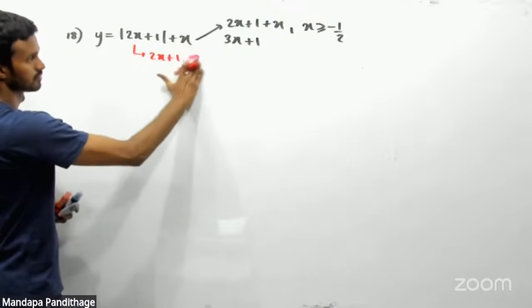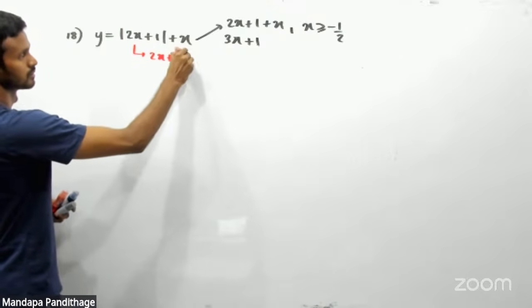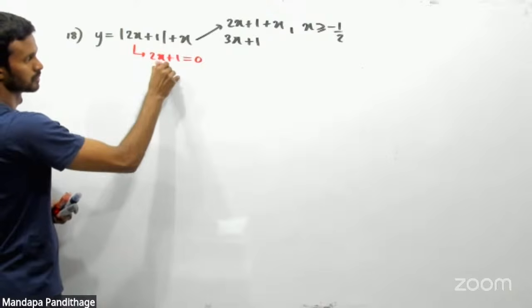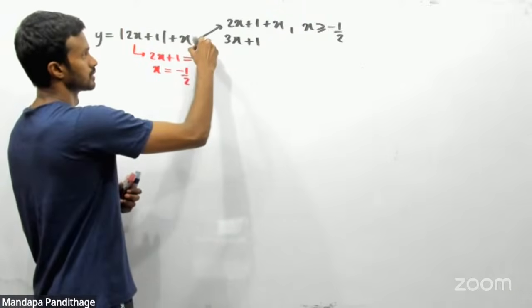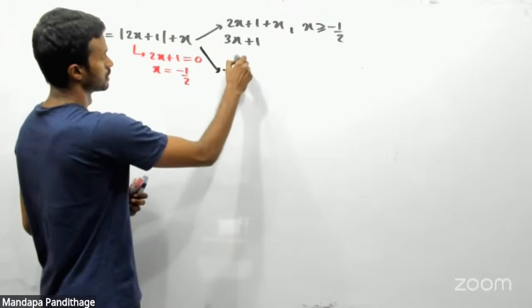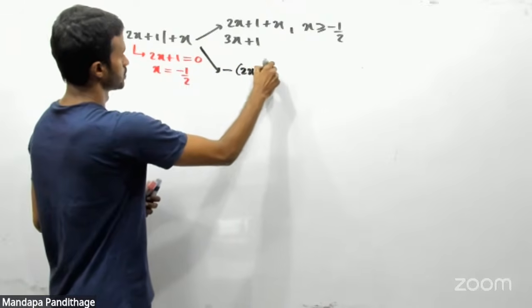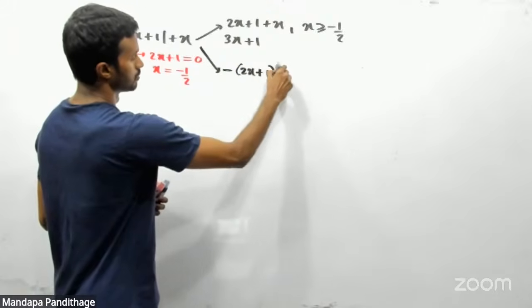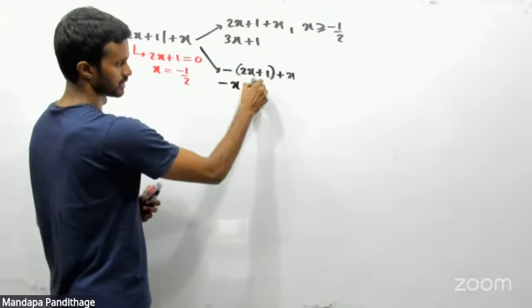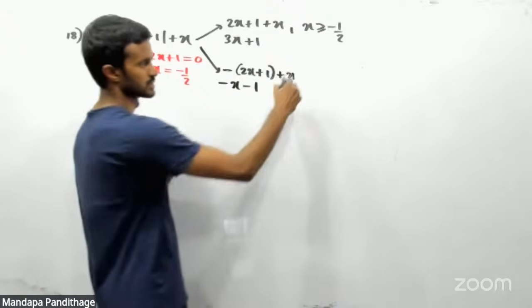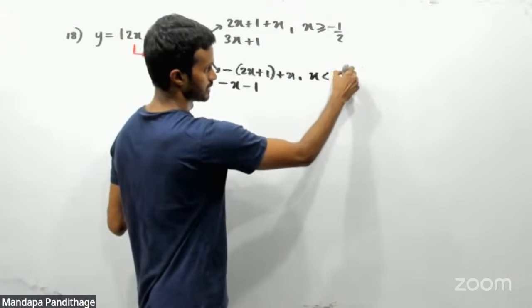From the other end, we get minus 2x minus 1 plus x, which is minus x minus 1, when x is less than minus half. I have done the simplification directly.